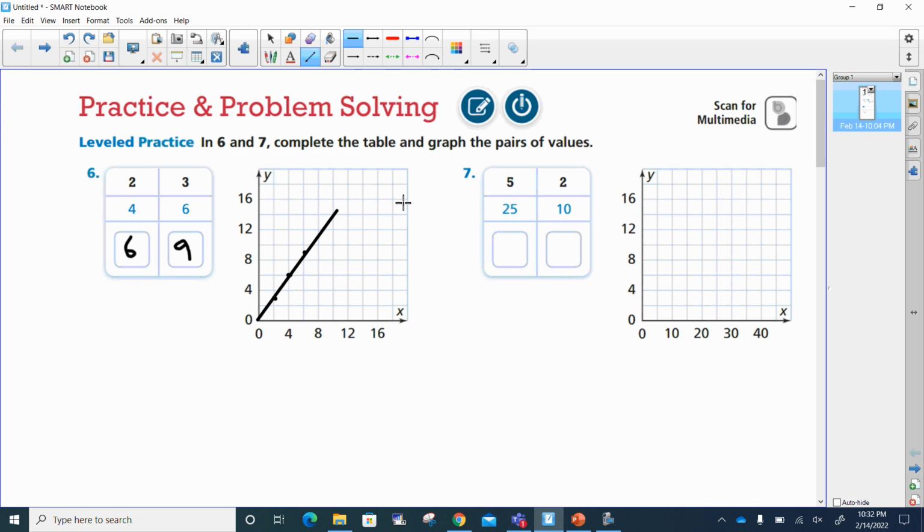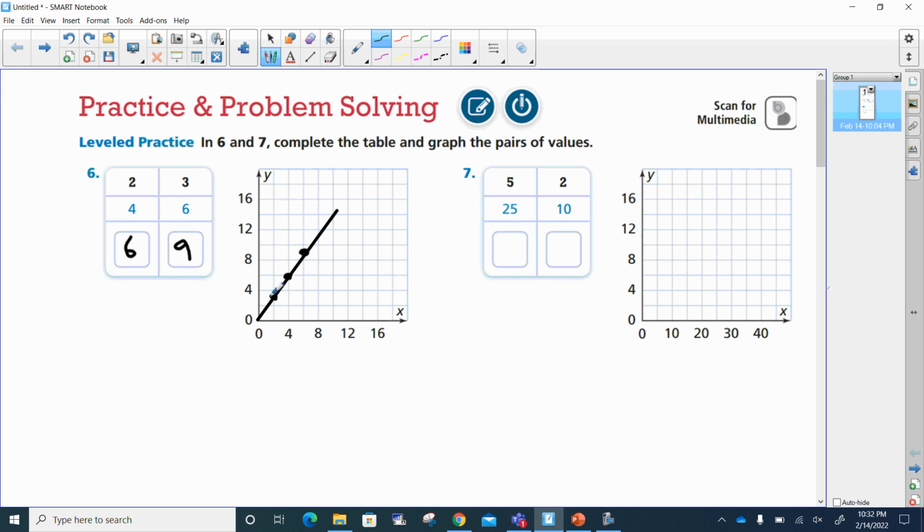Yep, about like that. So you can see we'd have our 1 dot here, 1 dot here, 1 dot here, 1 dot here.